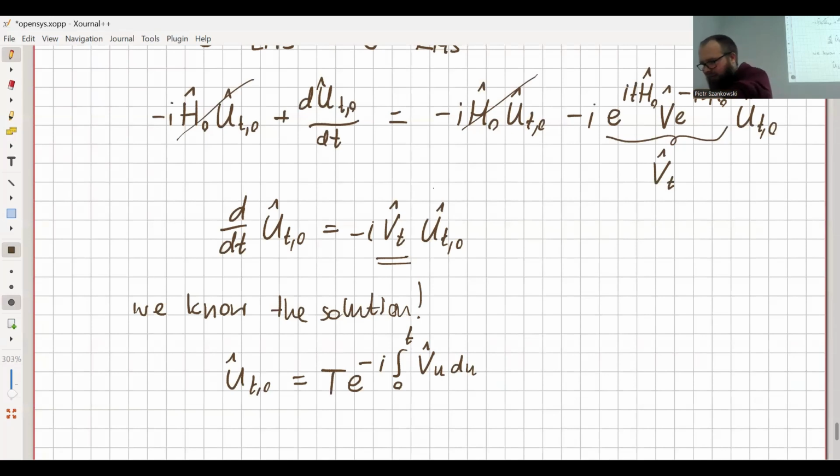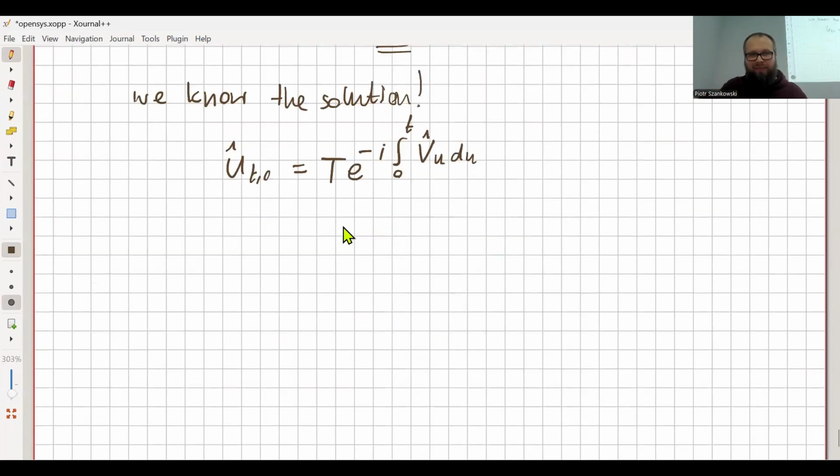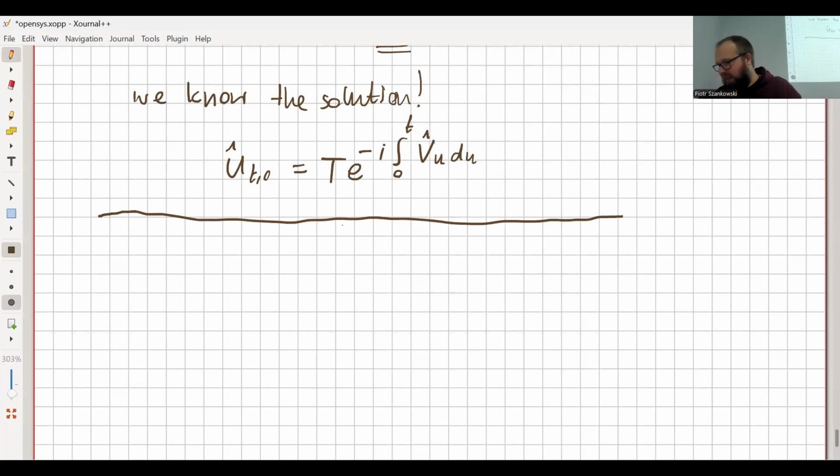So we got that out of the way. So that was the disentanglement theorem for a time-independent Hamiltonian. But of course, we can do a time-dependent Hamiltonian.